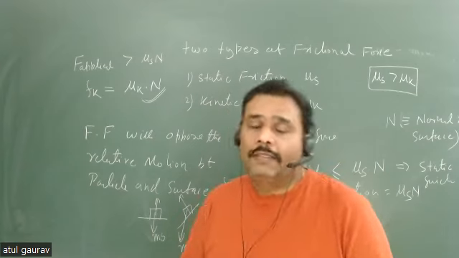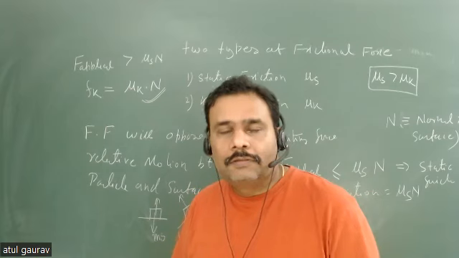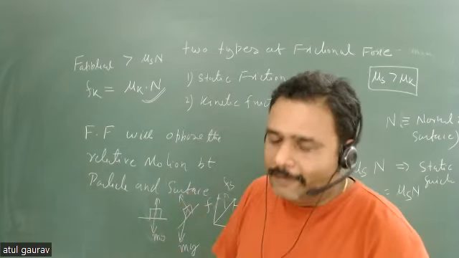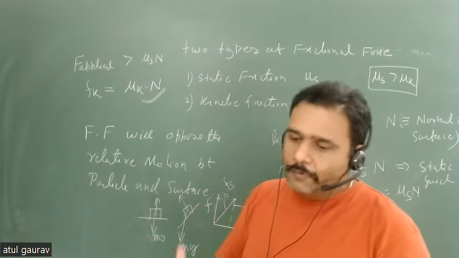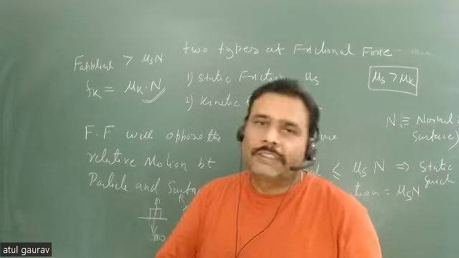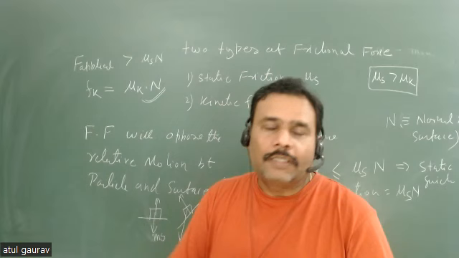This is a very important thing: these are basically electromagnetic forces. Why electromagnetic force? Because this force is generated due to interaction at the microscopic level, between the electrons of the two surfaces.